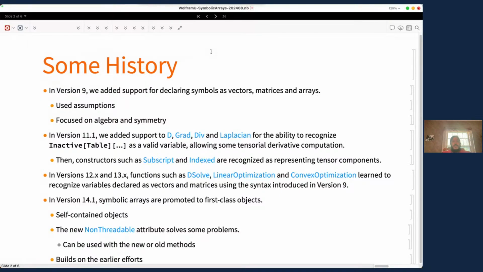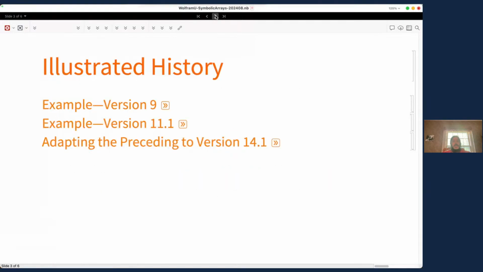So if you want to continue using the assumptions mechanism, you can, and just add the NonThreadable attribute to your own variables. That will work, and that's a good way to work. And this builds on earlier efforts. It's not just something coming whole cloth like Athena out of Zeus's head. So let me illustrate this history with just a couple of salient examples.